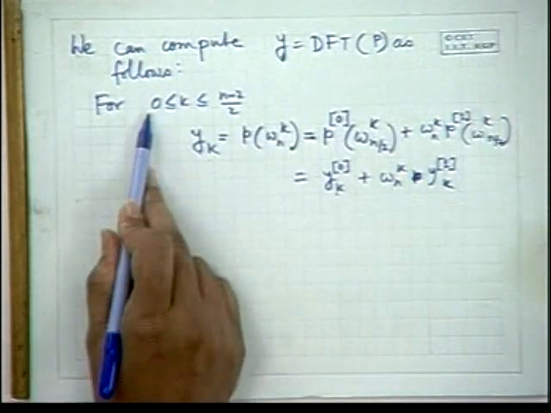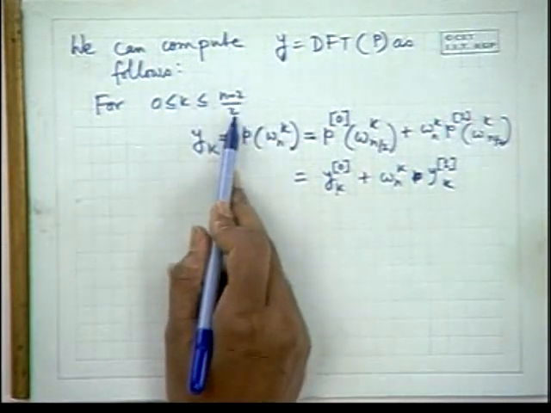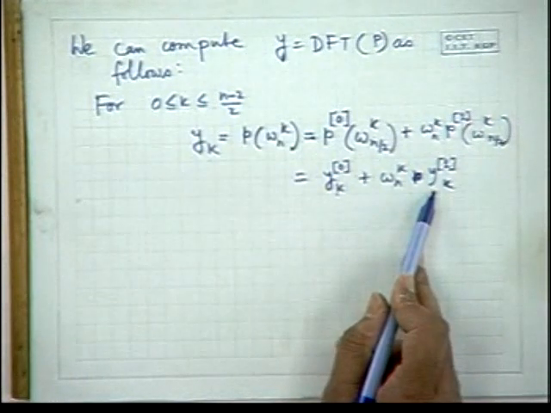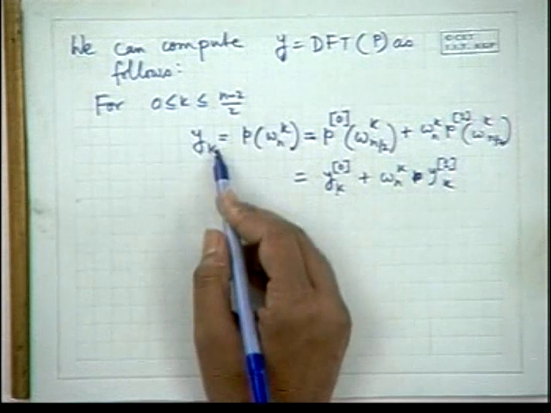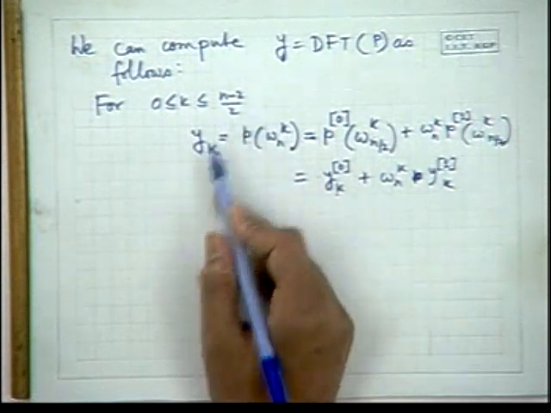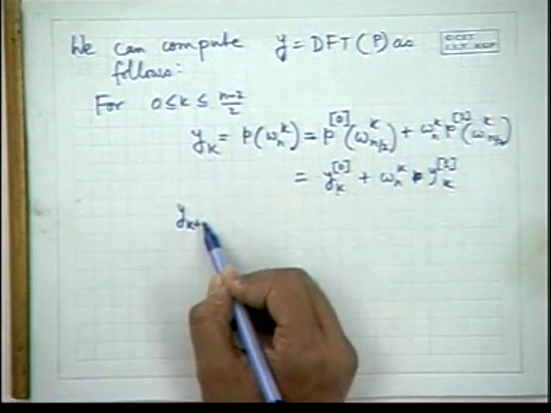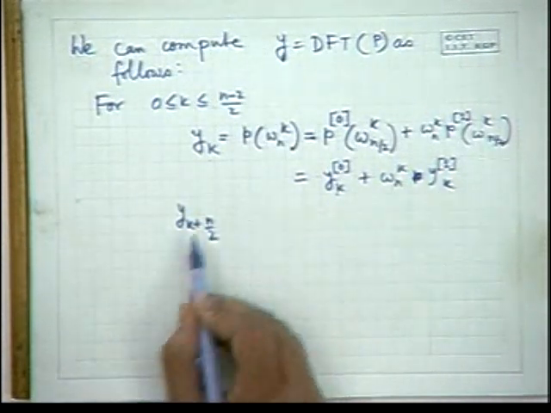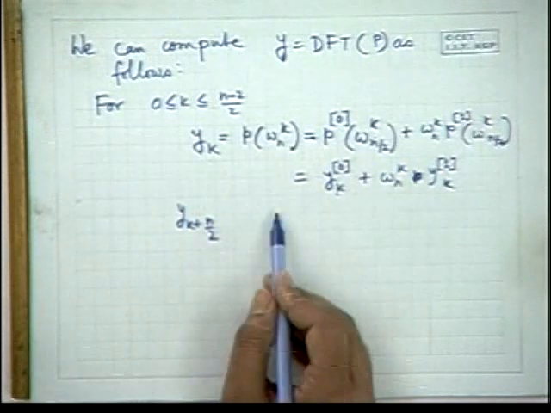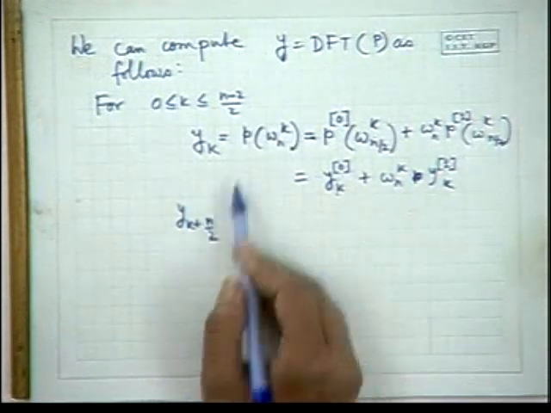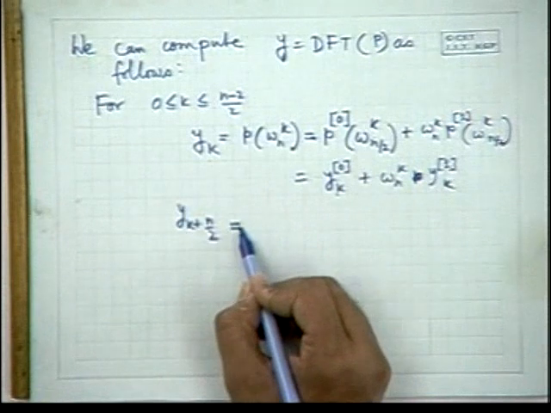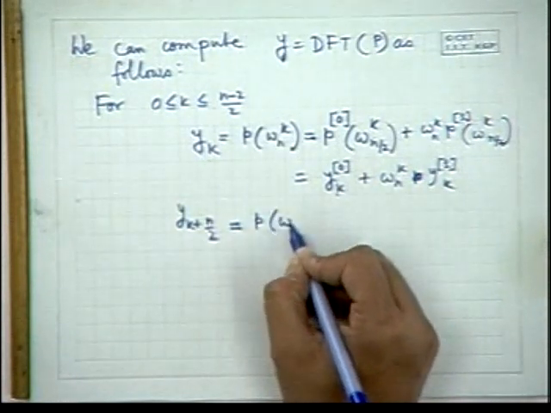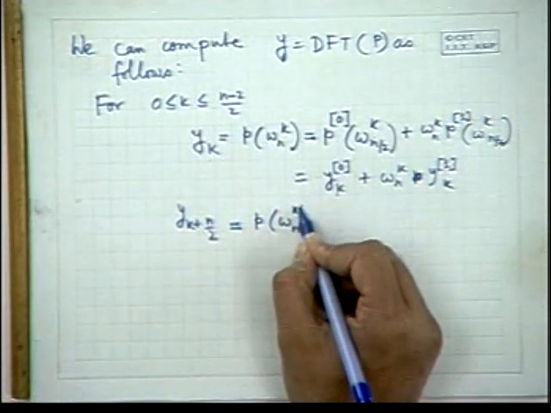So we have got, from 0 up to (n minus 2) by 2, all the coefficients yk by using this formula. Let us see, we have to compute the other half, that is yk plus n over 2, which will give you the later half, the larger half of the elements of y. So how do we get them? It is again P of w_n to the power k plus n over 2 now.